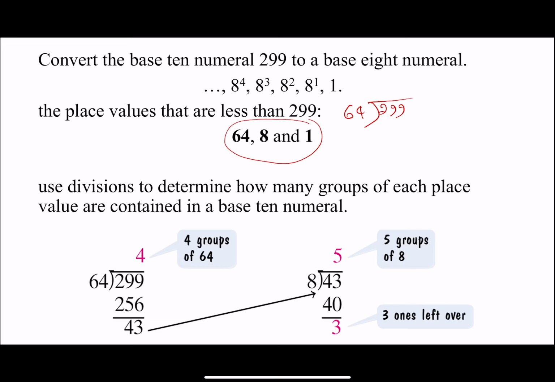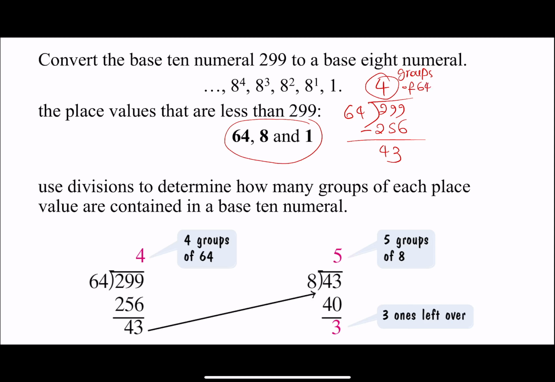If I go with 5, I get a number bigger than 299. So I go with 4. 4 times 64 is 256. 299 minus 256 is 43. So it means we have 4 groups of 64.